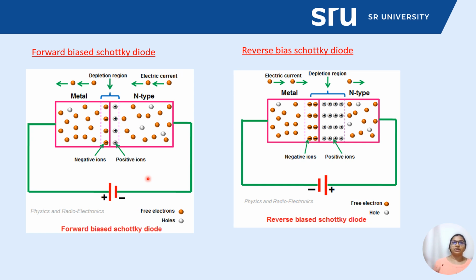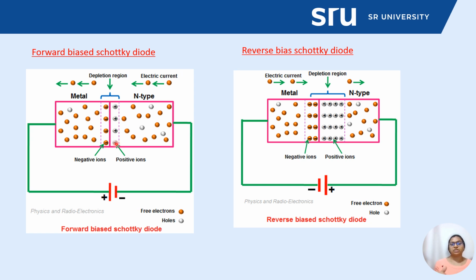But if the applied voltage is greater than 0.2 volt, that is a small amount of voltage we applied, the free electron gains energy and overcomes the built-in potential, and as a result the electric current starts flowing in the Schottky diode.